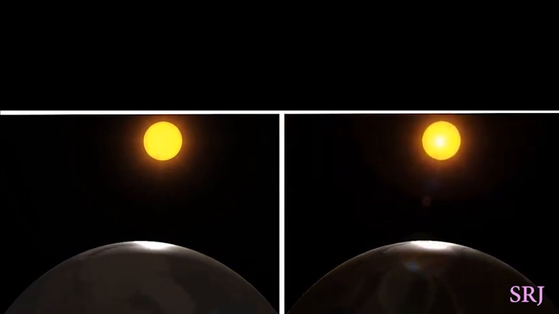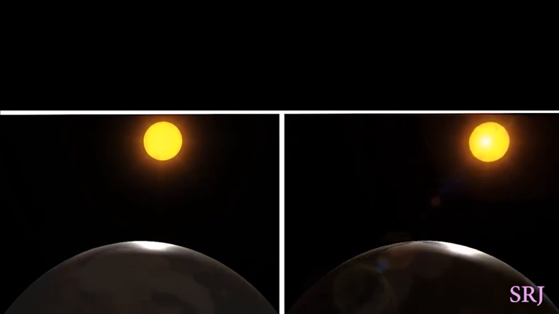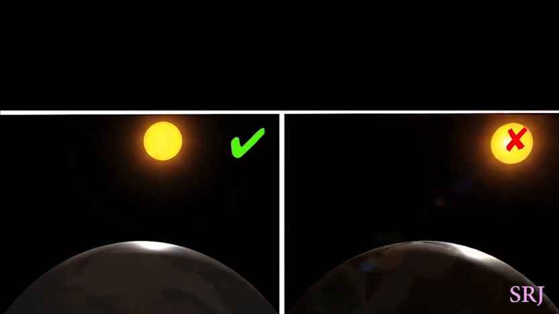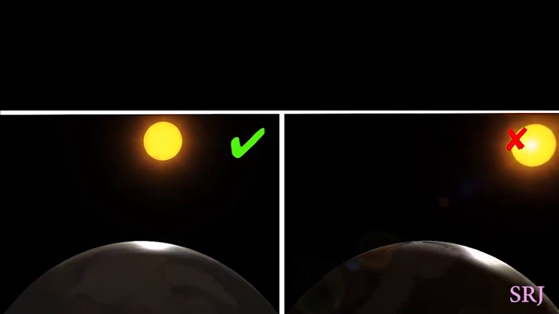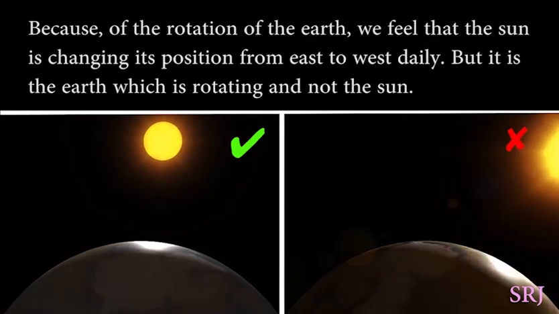Now from these two pictures, which is the correct one? Yes, the correct picture is where the sun is not moving and the earth is moving from west to east. Because of the rotation of the earth, we feel that the sun is changing its position from east to west. But it is the earth which is rotating and the sun is stationary.